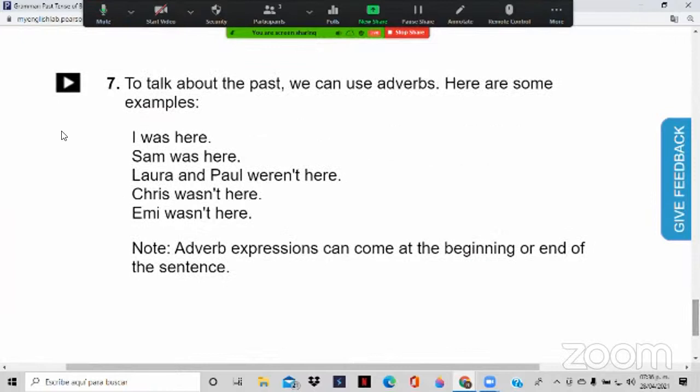Number 7. To talk about the past, we can use adverbs. Here are some examples. I was here yesterday. Last week, Sam was here. Laura and Paul weren't here on Saturday.